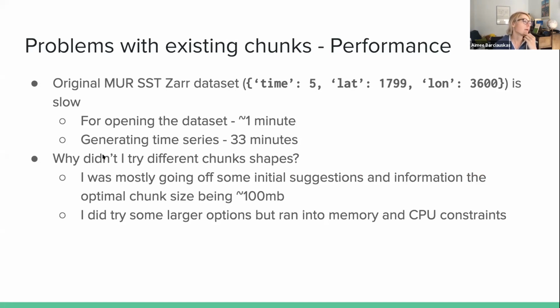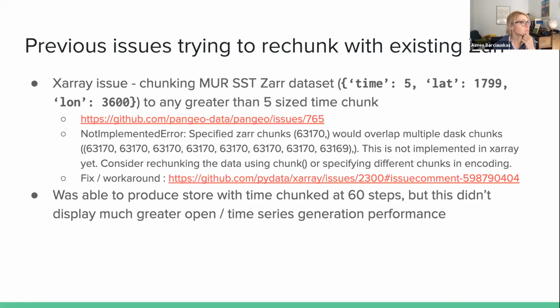So originally, we didn't have the performance that I just demonstrated. I went with the wrong approach based on what we ultimately wanted. I had some issues trying larger chunk shapes, or trying to rechunk originally.